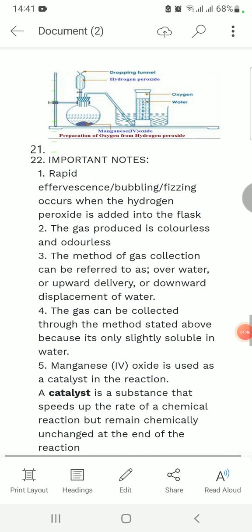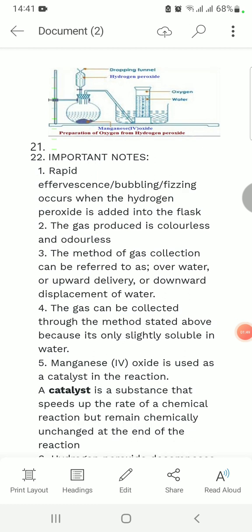When you release the hydrogen peroxide into the round bottom flask, you'll observe an effervescence. That effervescence releases a gas which is colorless and odorless. Odorless means it has no scent, and colorless is indicated by the presence of bubbles in the water.